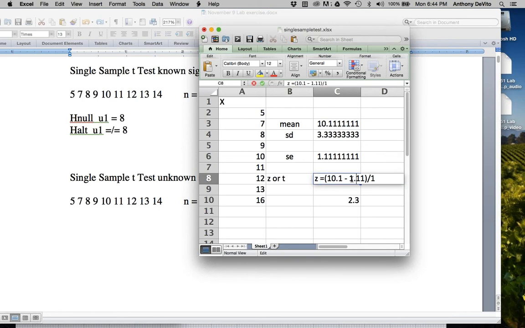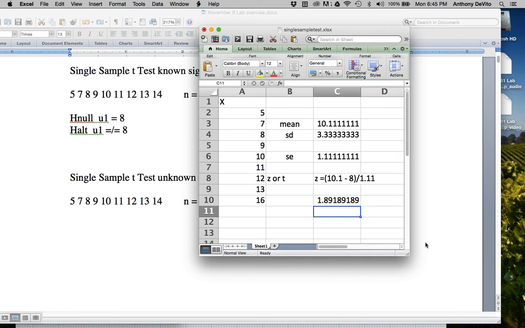Excuse me, that's the minus. We're comparing it to the number 8, right? 10.1 divided by 1.11. Let me copy that and plug it in here. And my t-score now comes out to be 1.89.